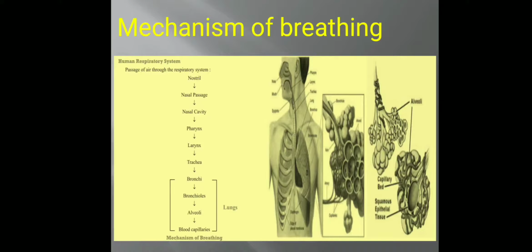Each alveolus has very fine blood vessels which are called capillaries. These capillaries are richly supplied with blood, that's why it looks very red in color. Here is the place where oxygen in the air diffuses into the blood. Oxygen from the air diffuses into the blood, and it combines with a red pigment in the blood. That iron pigment is called hemoglobin, and that results in the formation of oxyhemoglobin.